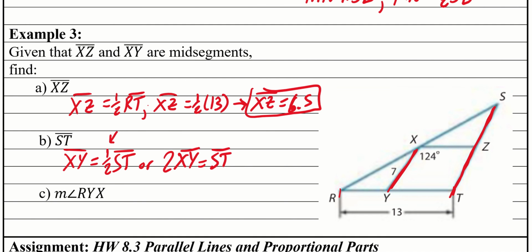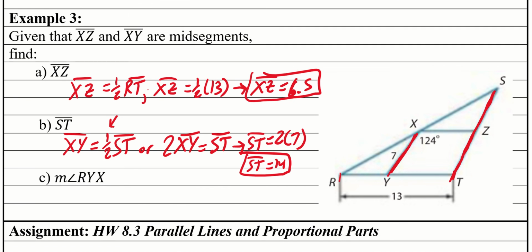So ST equals 2 times XY, and I know what XY is, that's just 7, so I'll plug that in. So ST here just equals 14. Okay, so it works in the reverse order as well. If you're given the midsegment, all you have to do is double it to find out what the side length ST is.